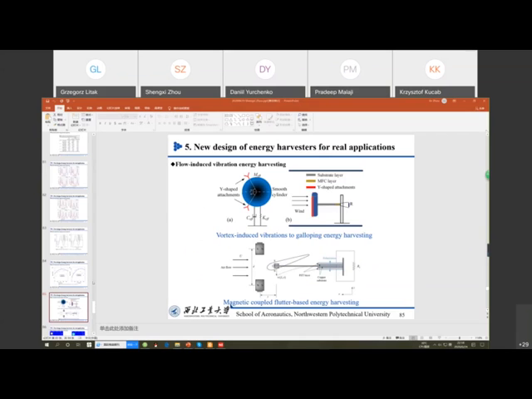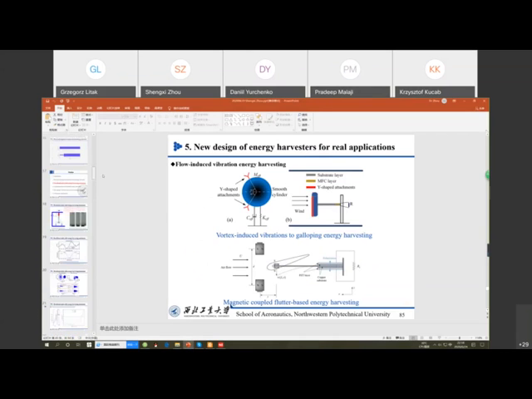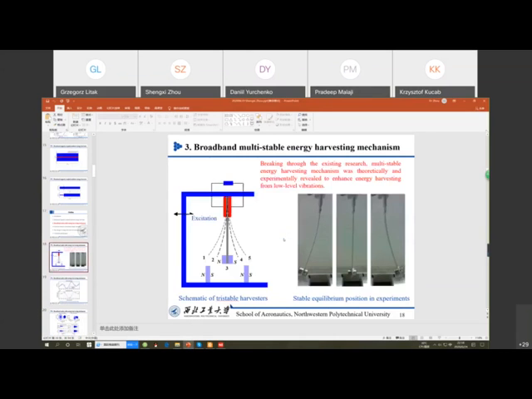For the general tristable harvester, if we use it in the real world, not only in the lab, we should also consider this question, and consider the material, the structure, and the amplitude, and also define a maximum amplitude of the harvester.